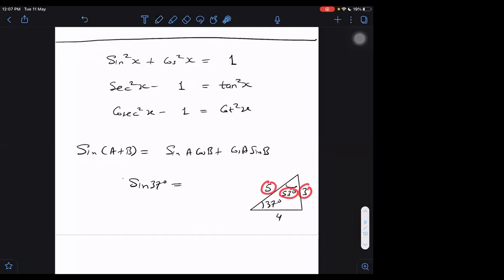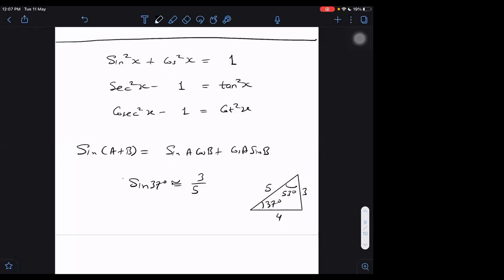5, 3, 4. So, if I have to find cos 53 degrees, then cos 53 means adjacent side divided by hypotenuse, 3 by 5. Sin 37 degrees means opposite side divided by hypotenuse, so 3 divided by 5.